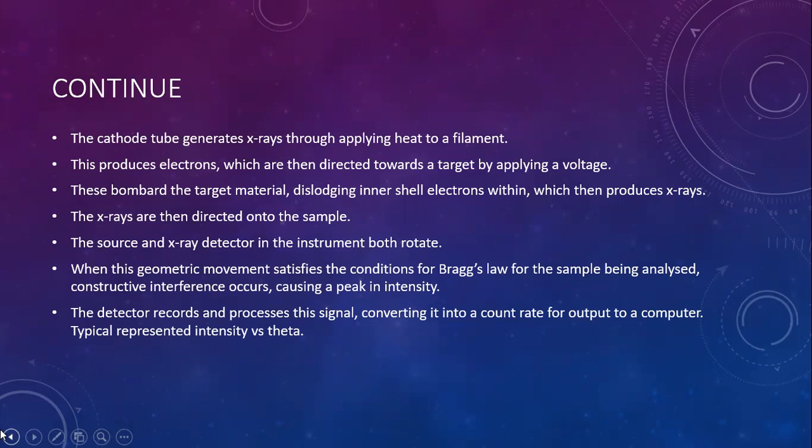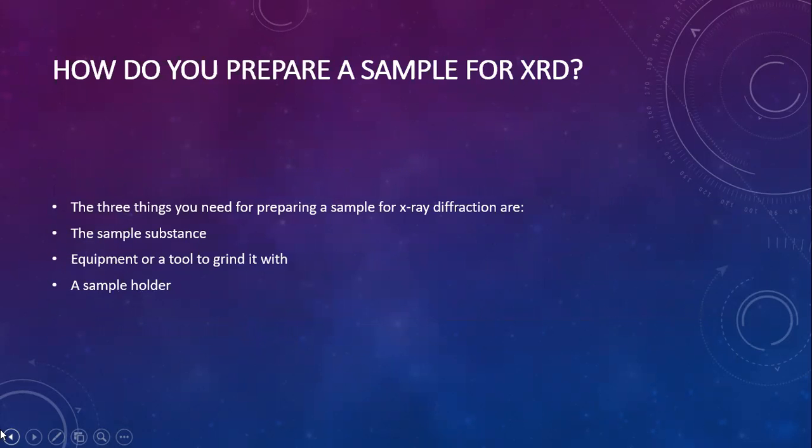The detector records and processes this signal, converting it into a count rate as output to a computer, typically represented as intensity versus theta.